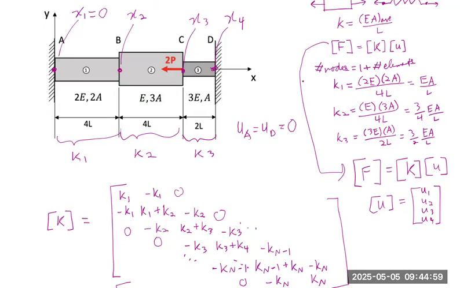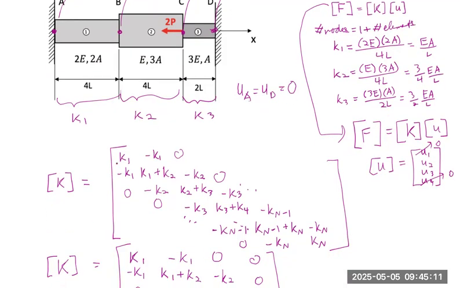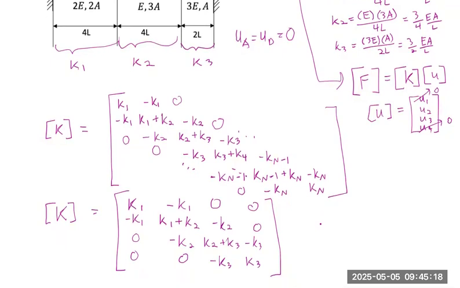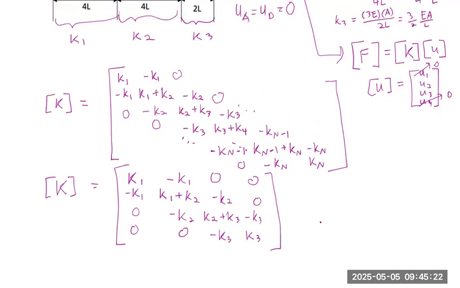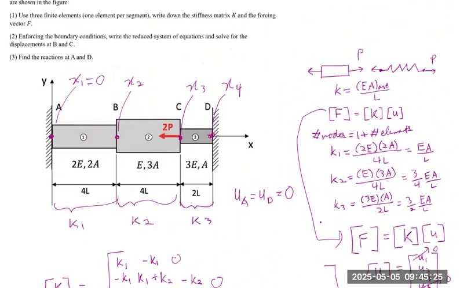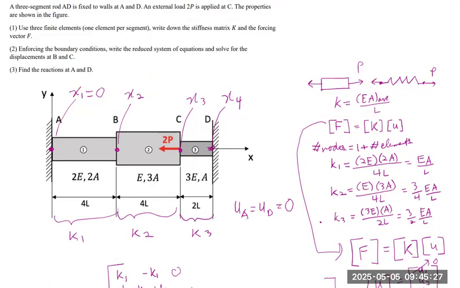However, since the displacement at A and D, which corresponds to U1 and U4, are actually 0, the first row and first column and fourth row and fourth column of our stiffness matrix are going to become useless in solving for the first part of our problem, which is solving for the displacements at B and C.